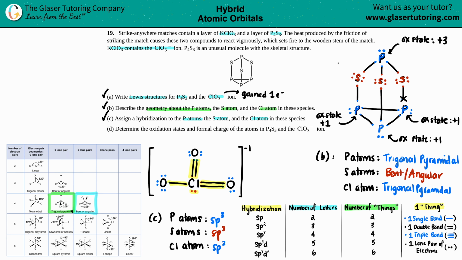Now let's do the sulfurs. Now these are going to look all the same. So oxidation state for this one, ox state for this one, and then oxidation state for this guy. Now for each one of them, you're bound with 2 bonds, and they're both bound to phosphorus, right? Bond to phosphorus, bond to phosphorus. This sulfur, bound to phosphorus, bound to phosphorus. This sulfur, bound to phosphorus, bound to phosphorus. And let me just get rid of this.